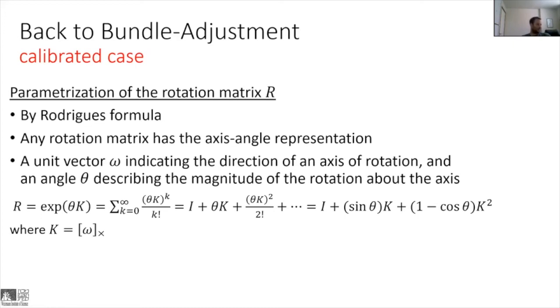I'm not sure. Yoni, can you help us? No. Intuition for why the rotation is the exponent of this thing, from the Rodrigues formula for the rotation with the axis and the angle?